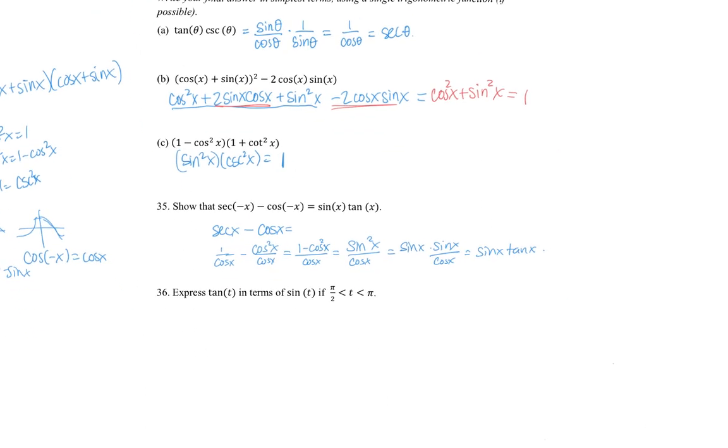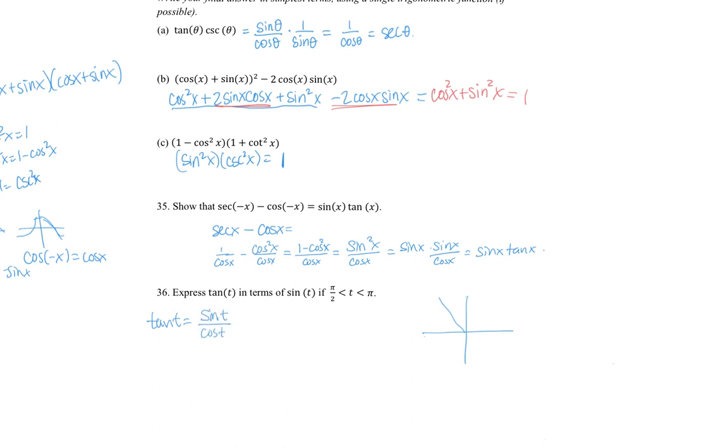Express tangent t in terms of sine t if we're in that quadrant. So let's think about what quadrant we're in. So we're in the quadrant between pi over 2 and pi, so we're in here in the second quadrant. Okay, so for this one, I know that tangent t is equal to sine t over cosine t.